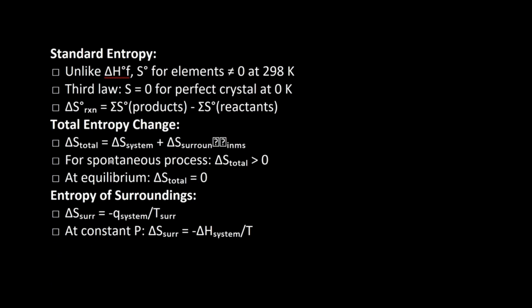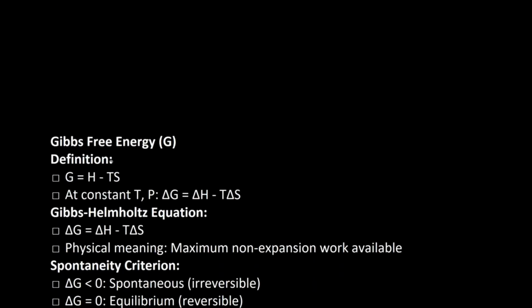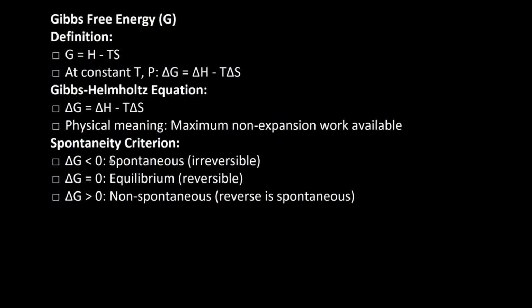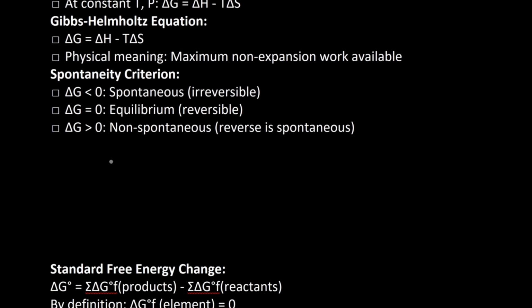And we have standard entropy formulas and Gibbs free energy. G is equal to H minus TS, that is the basic equation. At constant temperature and pressure, delta G is equal to delta H minus T delta S. Then spontaneity of the reaction: spontaneity in terms of entropy, Gibbs free energy and delta H. All three are very important.